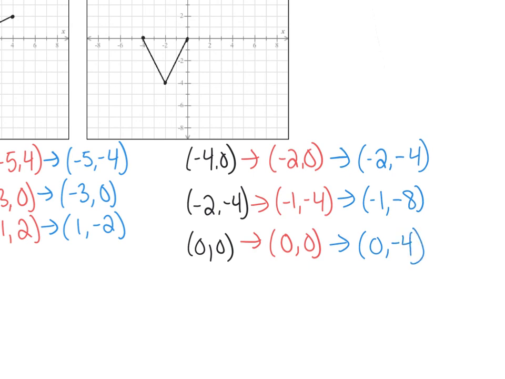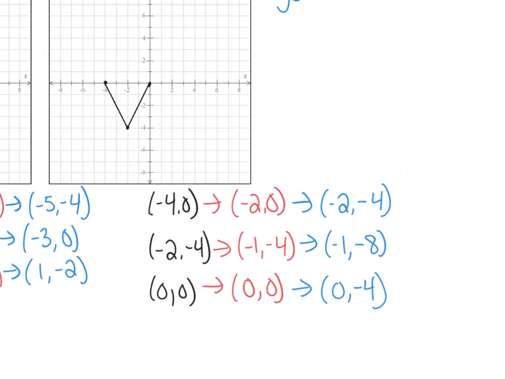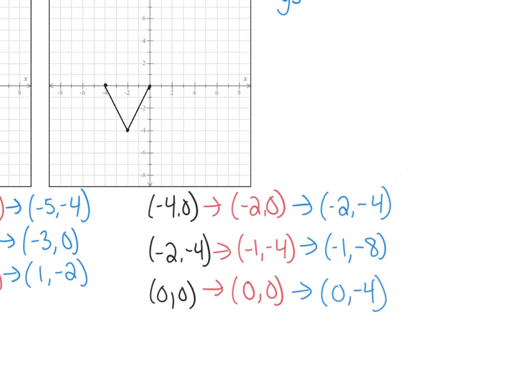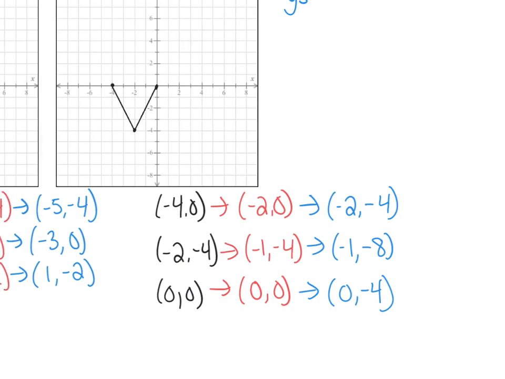So our 3 final points are written in blue here, and we're going to plot them on our graph. So -2, -4 is right here. -1, -8 is right here. And 0, -4 is right here. So it should look something like this.